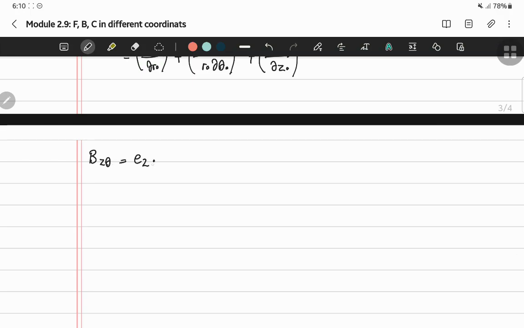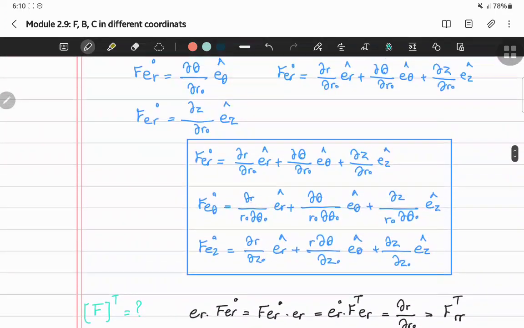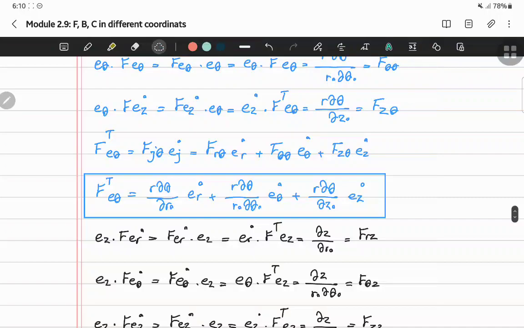So it is EZ dot B E theta, which is equal to EZ dot F transpose E theta, which is equal to EZ dot F. So F transpose E theta, sorry, this one, F transpose E theta. We have to find this, F transpose E theta. It's here.